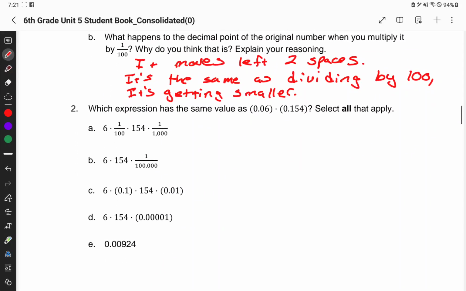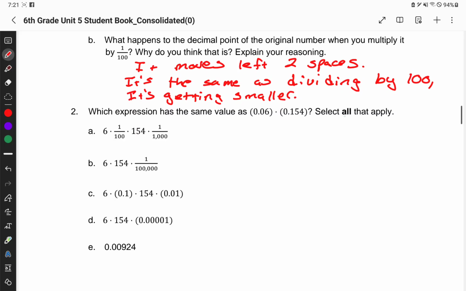Okay, for question 2, it does say select all that apply, so that means we're probably going to have more than one answer. It wants us to choose the answers that are the same as this. I'm going to start with the 0.06. I can rewrite that as 6 times 0.01, because 6 times 1 is 6, and so that's 0.06.